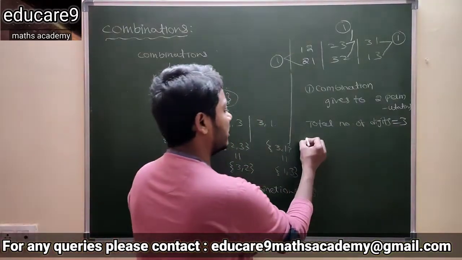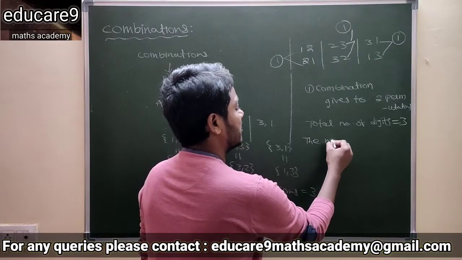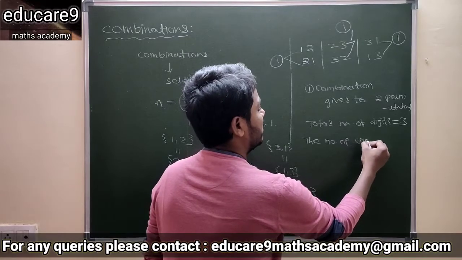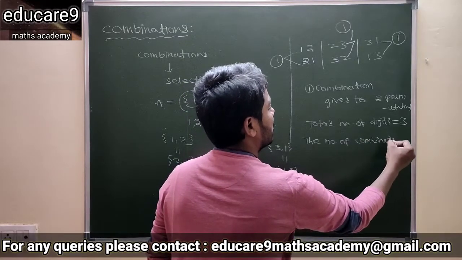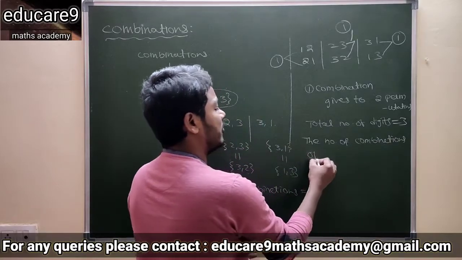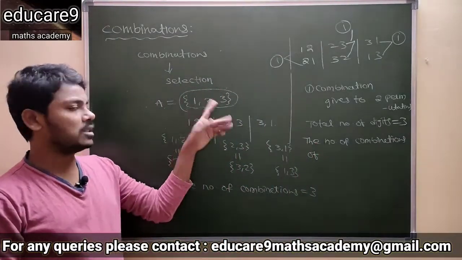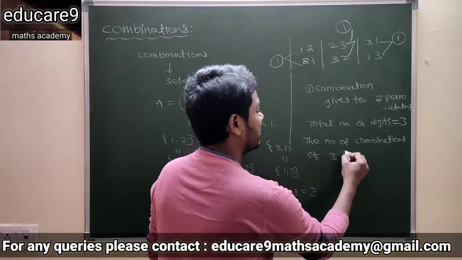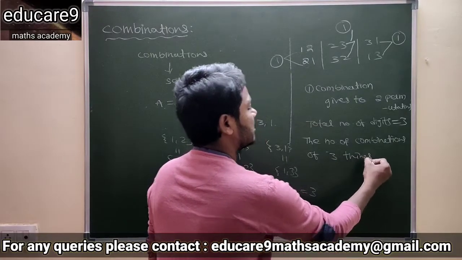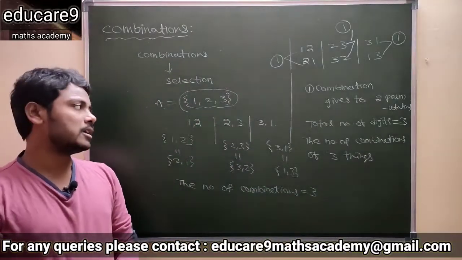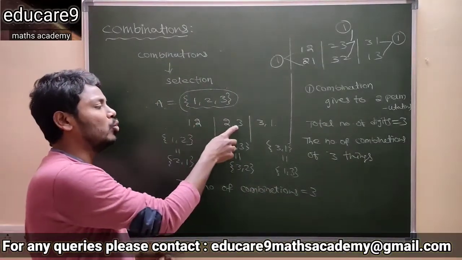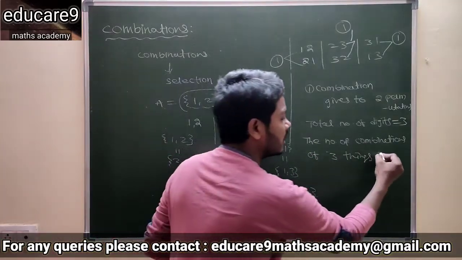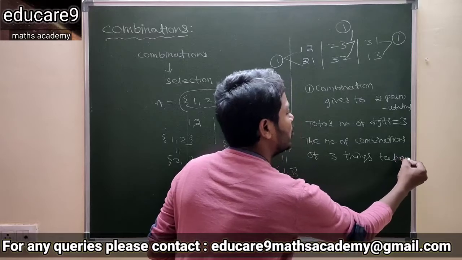Therefore, the number of combinations of 3 things, out of 3 things we have to take 2 at a time, means the number of combinations of 3 things taken 2 at a time.